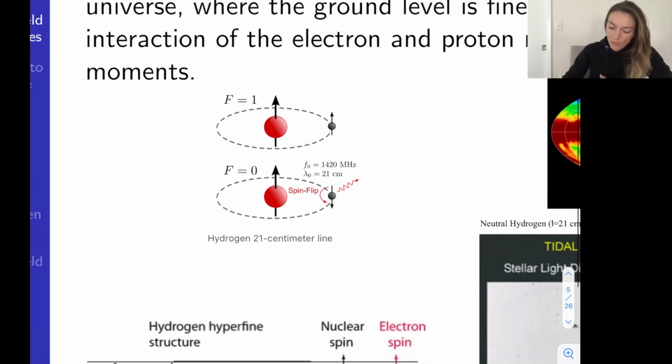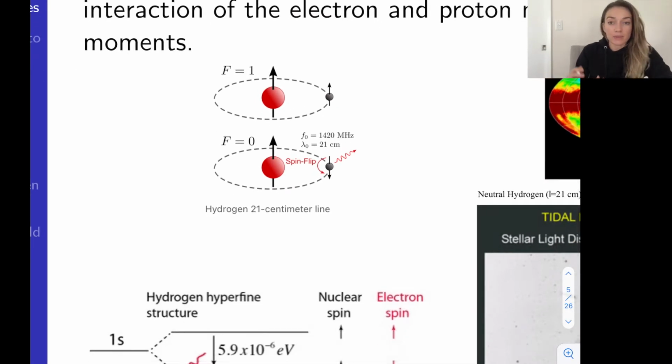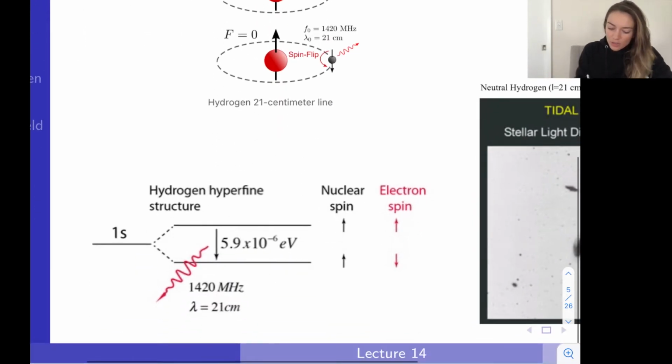So what happens is a hydrogen atom is made up of one proton and one electron. The ground state of the electron in the hydrogen atom actually splits into two sub-levels that are separated by a very, very small amount of energy. We have 10 to the negative 6 electron volts here. So this is a very, very small amount of energy, and it corresponds to a photon.